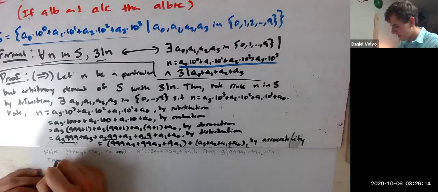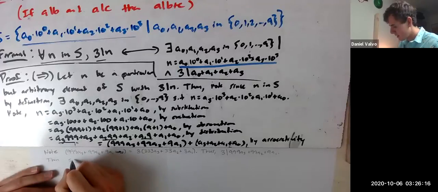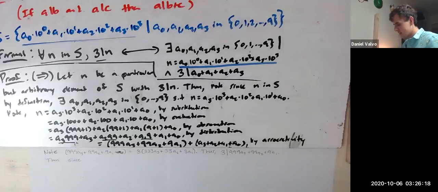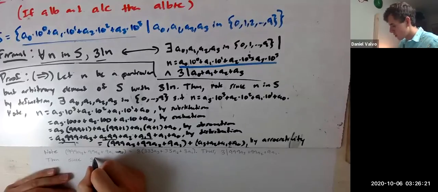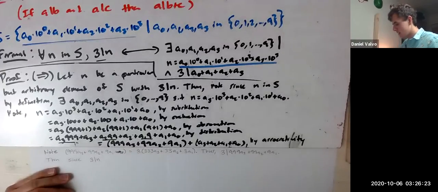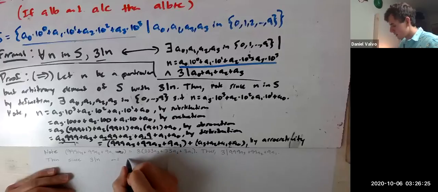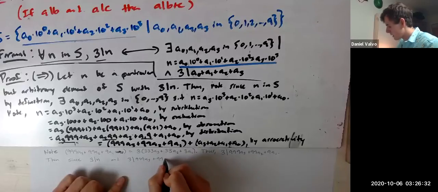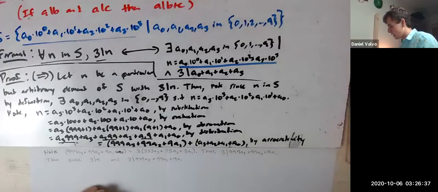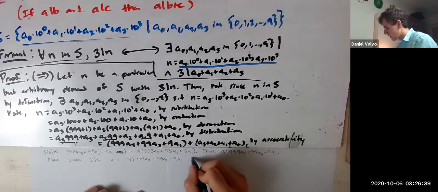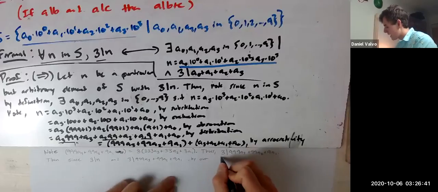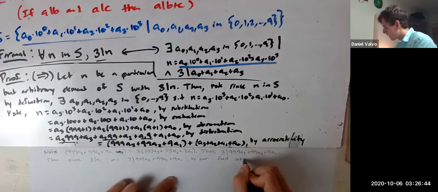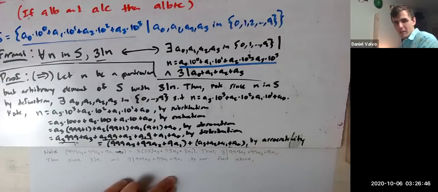Then, since 3 divides n and 3 divides our 999 A3 plus 99 A2 plus 9 A1, by our red fact above, right?